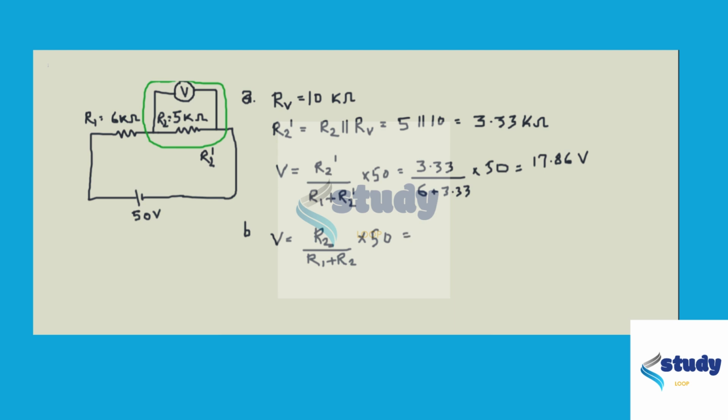Now what is R2? 5. So 5 upon 6 plus 5 into 50. So this gives me V equals 22.73 volts. This was obvious, right? Because the true voltage is always greater than that measured by the voltmeter.